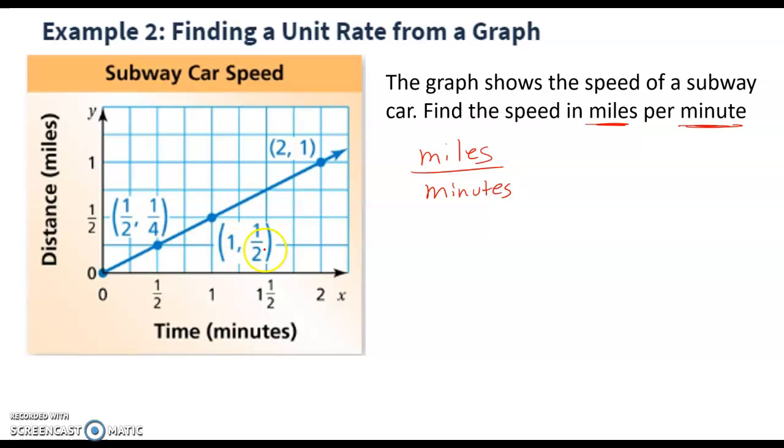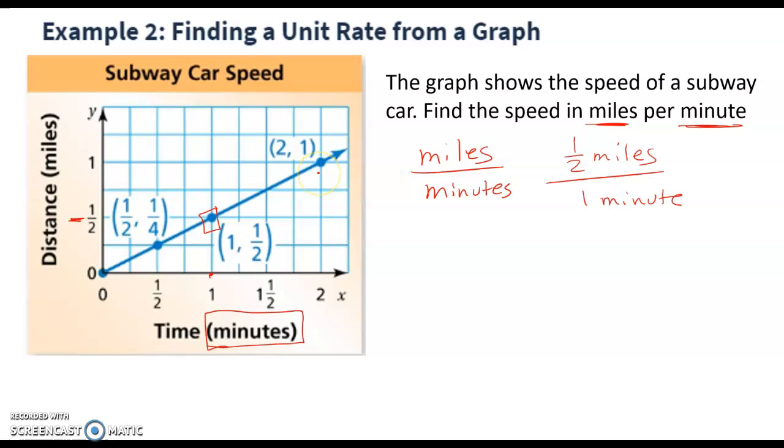Now you can use any one you want here, but since we want the minutes to be 1, I would use this one right here. Because if we look at the distance in miles, that's going to be 1/2. So 1/2 of a mile over 1 minute.